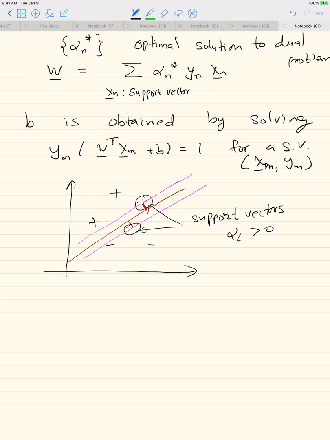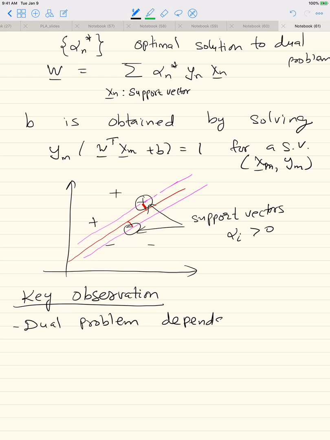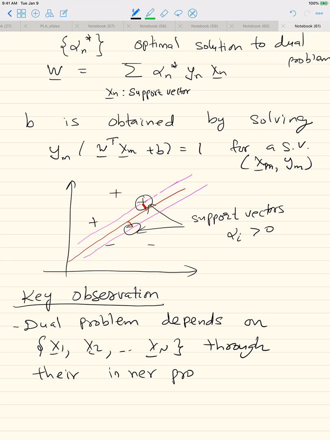One key advantage of this dual formulation is that the dual problem only depends on the data points x1 to xN through their inner products, that is through xi transpose xj only.